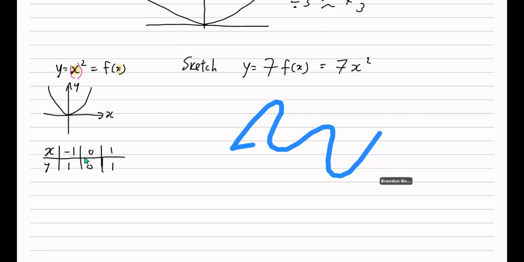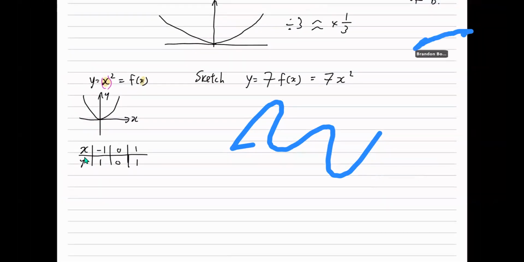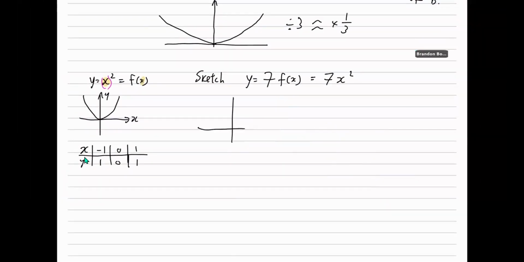How to sketch? You just make it steeper.